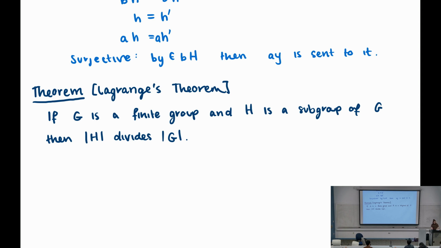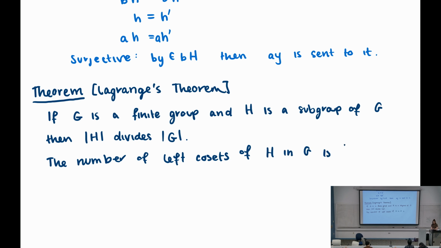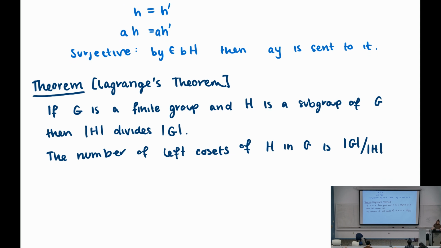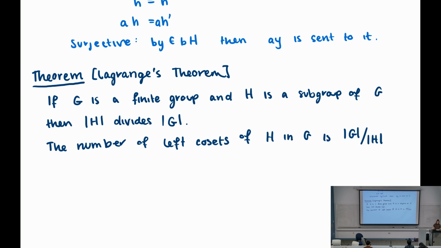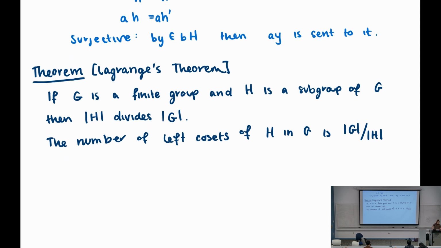Okay, the second part of this is that the number of left cosets of H in G is the order of G divided by the order of H. Okay, so that's the theorem.